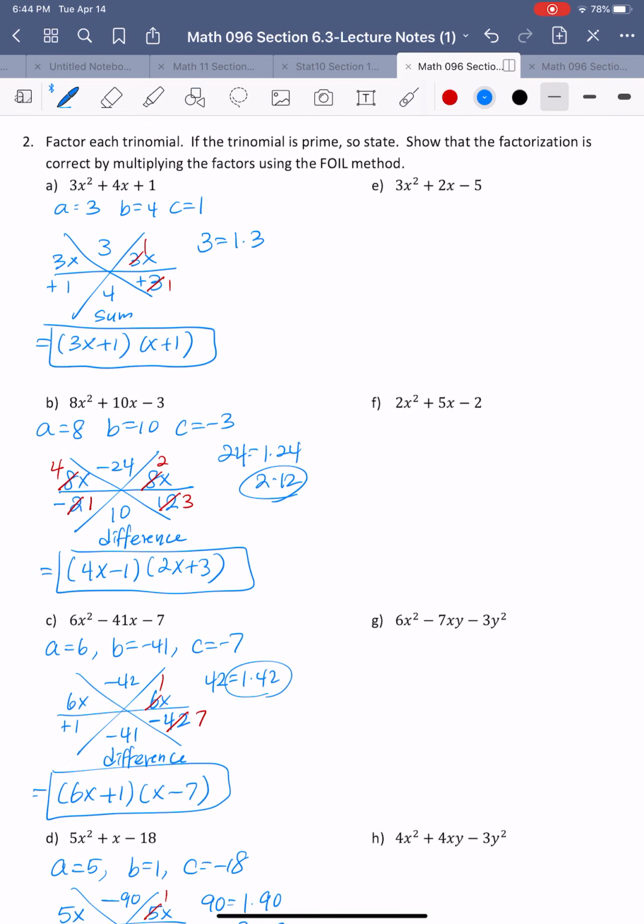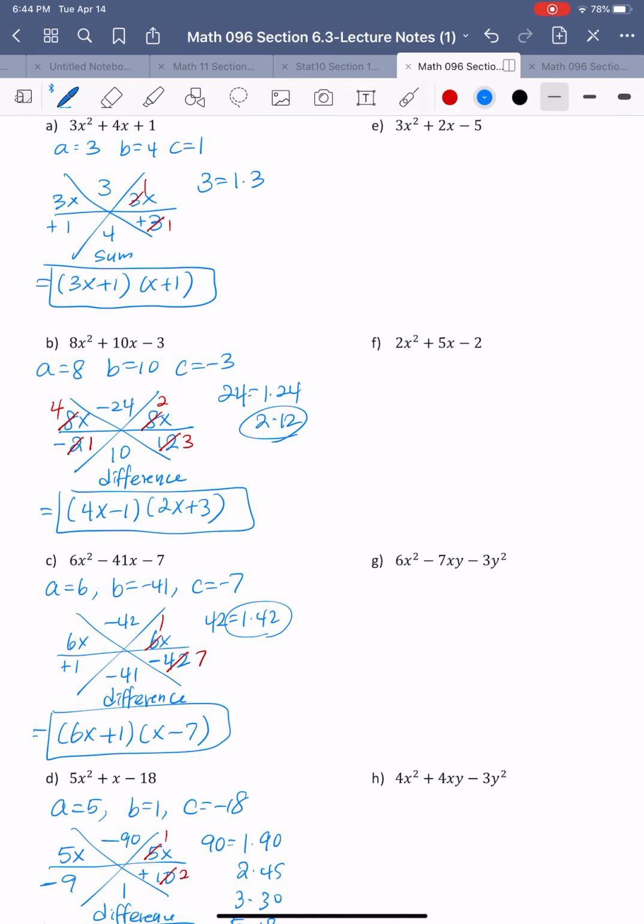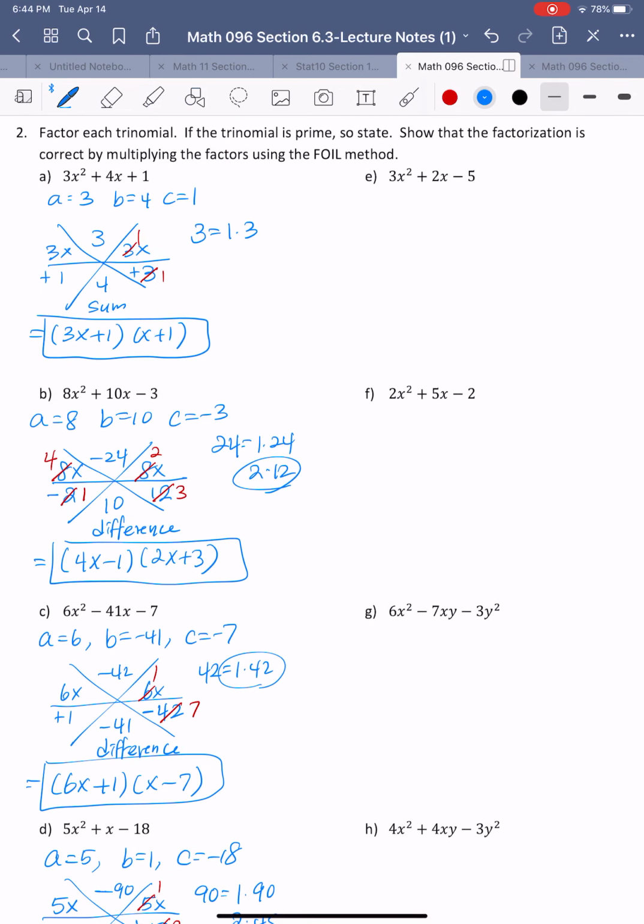Now let's look at E. 3x squared plus 2x minus 5. So A is 3, B is 2, and C is negative 5. X factor: 3 times negative 5 is negative 15, and 2 is the difference. 3x and 3x.